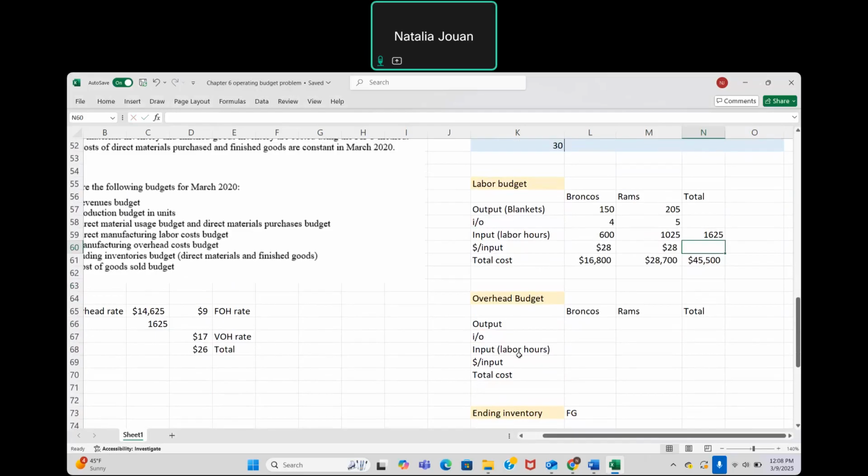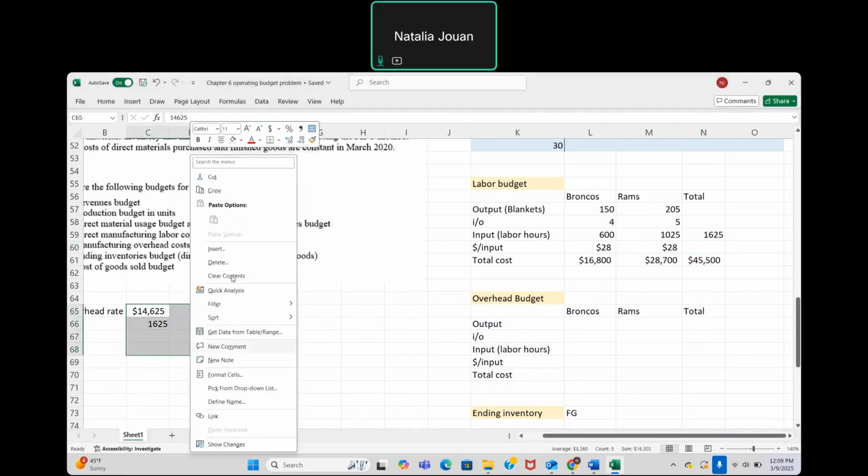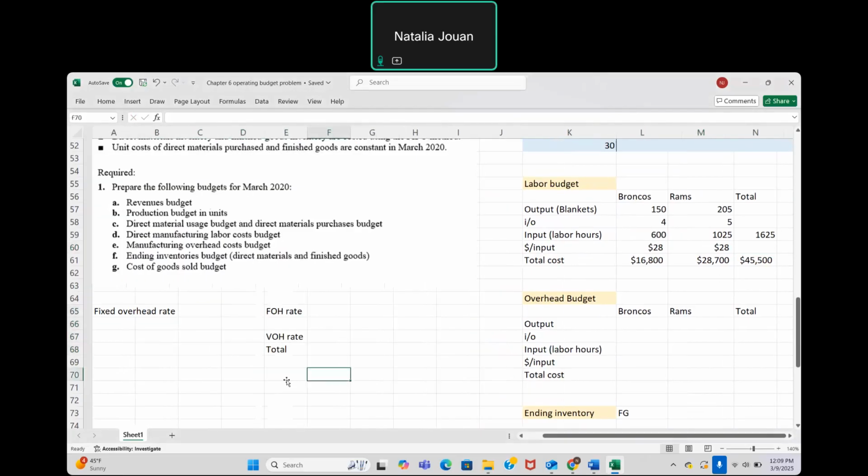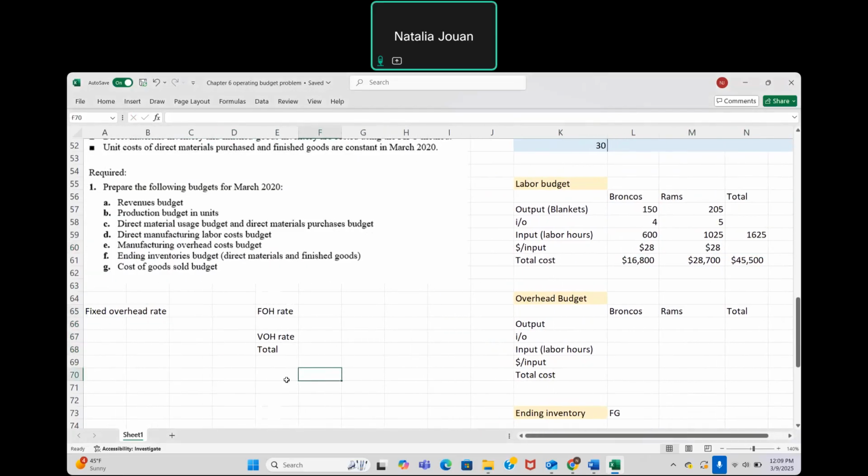Now, next, let's move down to the third manufacturing cost category, which is overhead. Let me just erase this because I want to show you how this is made. So for overhead, what do we want? We need the rate. We don't have the rate. We're not being told.